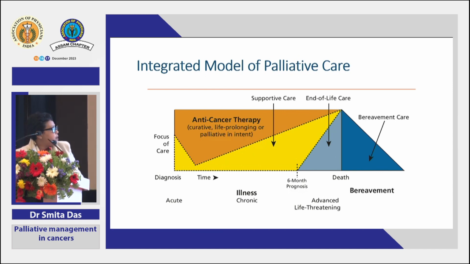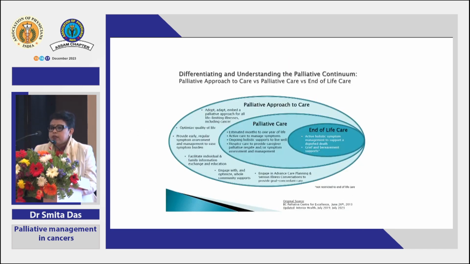The anti-cancer treatment will start from the curative, and finally it will go to supportive, and then to the end of care. So this image shows that the palliative approach is like, first we have to plan out the approach, thereafter we have to give the palliative care properly up till the end of life.